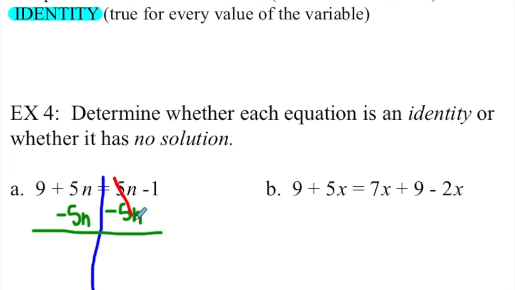These cancel out. But if you notice, also on the left side, we're going to see these cancel out. So when that happens, the only thing we have remaining on the left-hand side is 9. And the only thing we have remaining on the right-hand side is negative 1. So we have this statement that has no variables in it at all that says 9 is equal to negative 1. We know that 9 is not actually equal to negative 1, so that statement is not true.